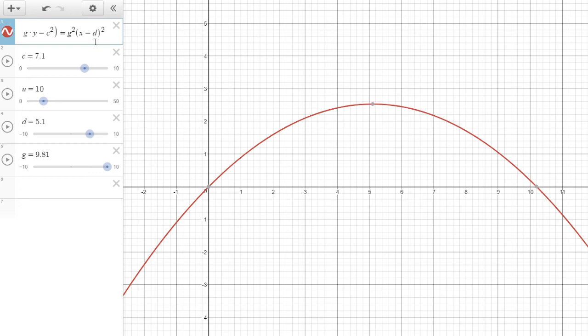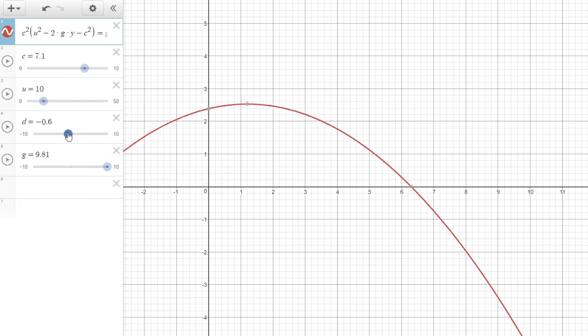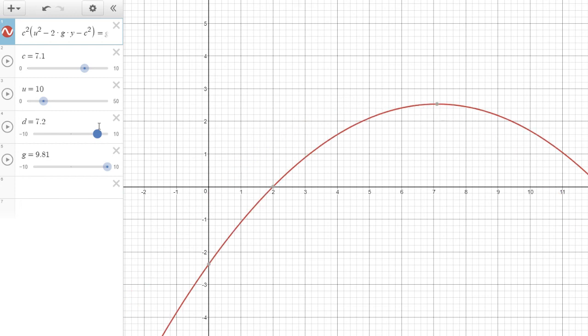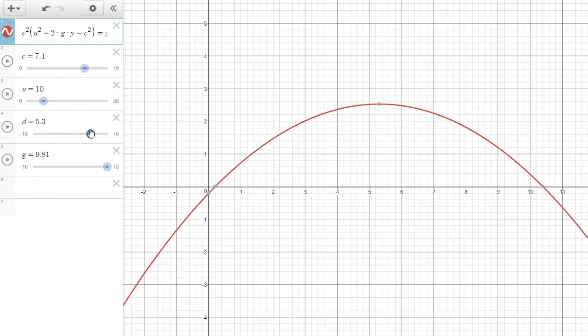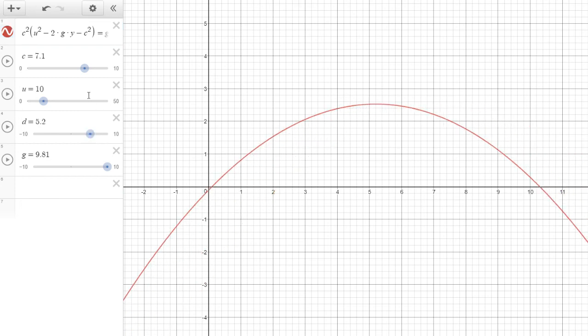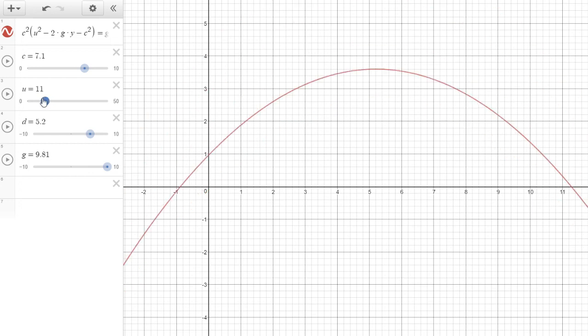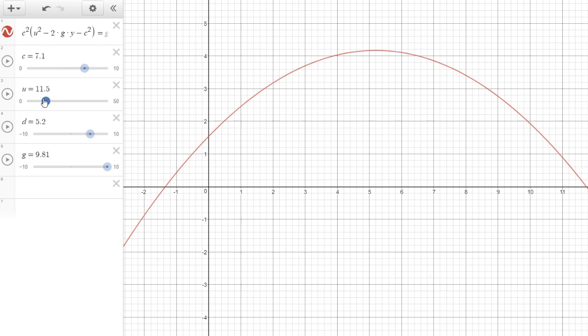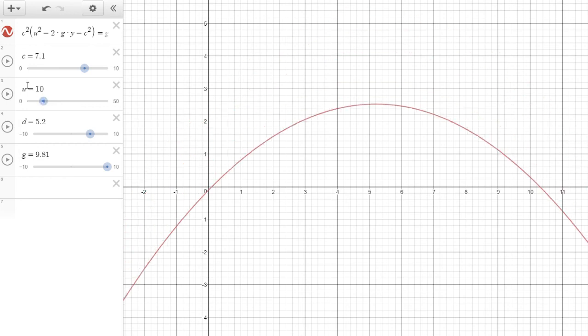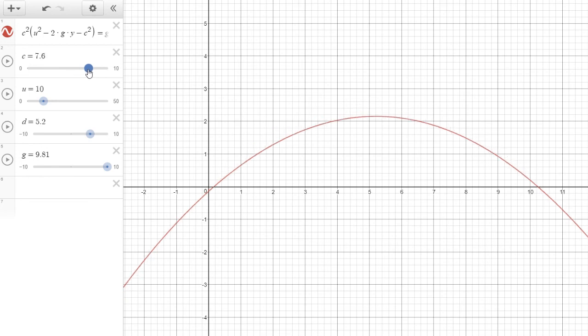You can see as well that all d does is change the starting point. If you shift d about, it just shifts the starting point. The value of u changes our initial velocity, and the value of c will change our initial angle.